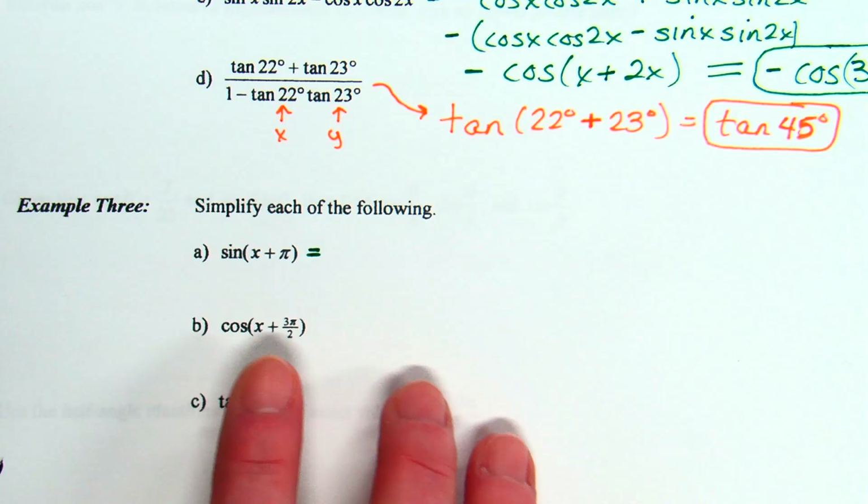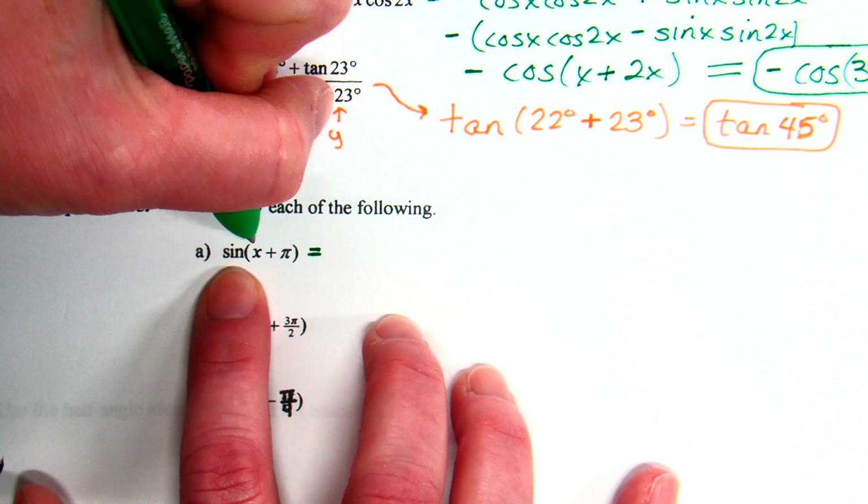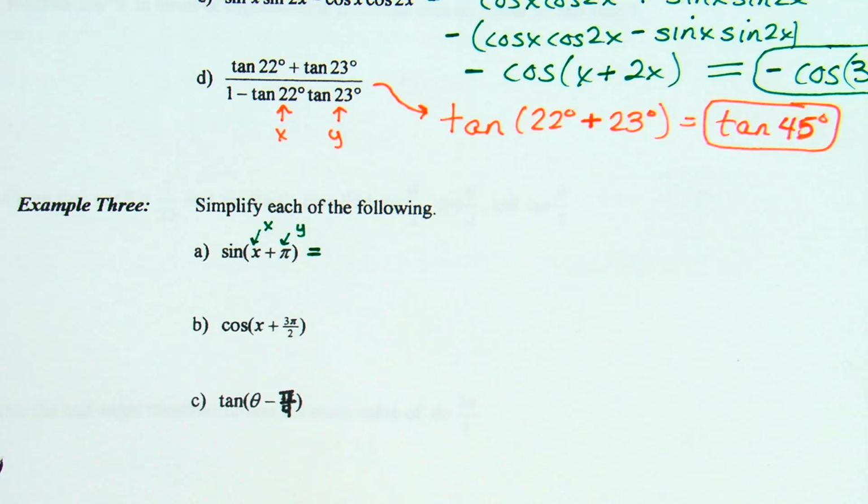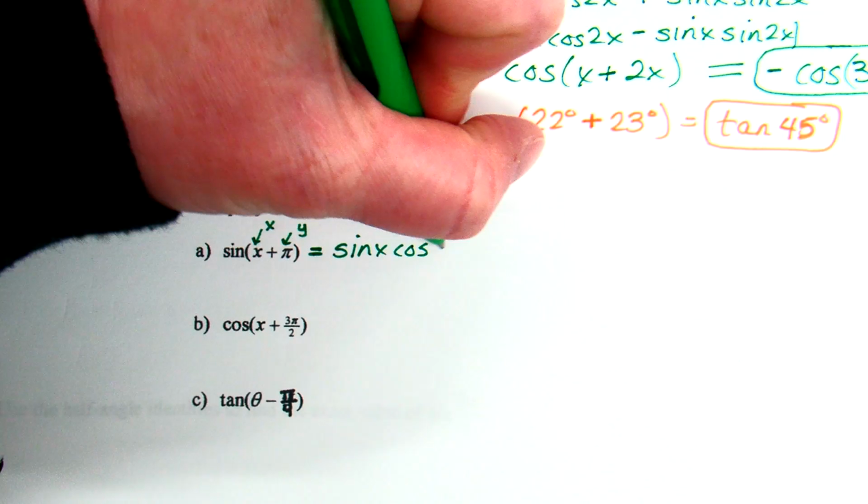Sine of x plus pi, according to our sine identity above, is going to read what? It's sine, so we're going to say sine x cosine y. What are x and y? Yeah, x is x, that's good. And then y is pi.